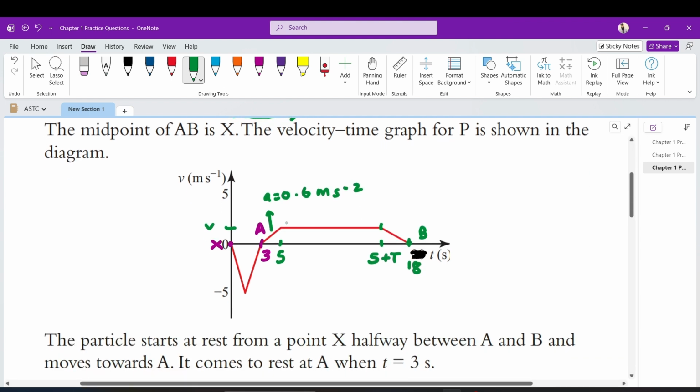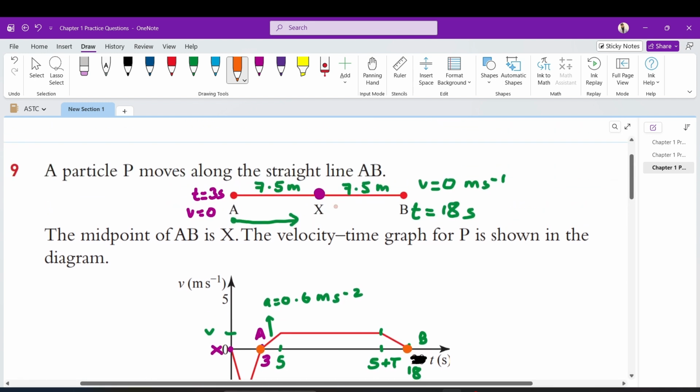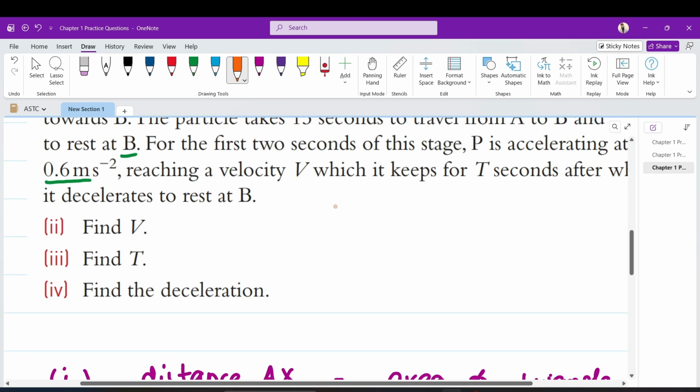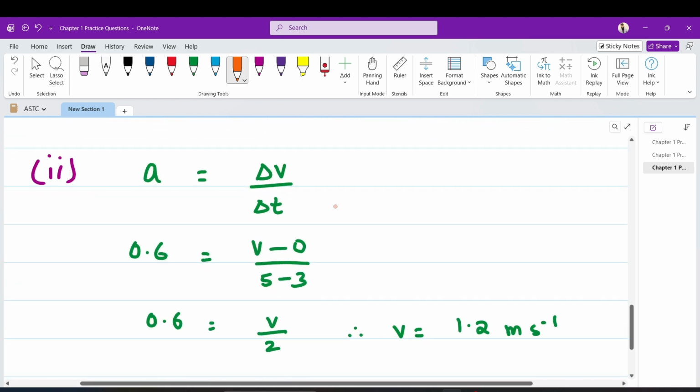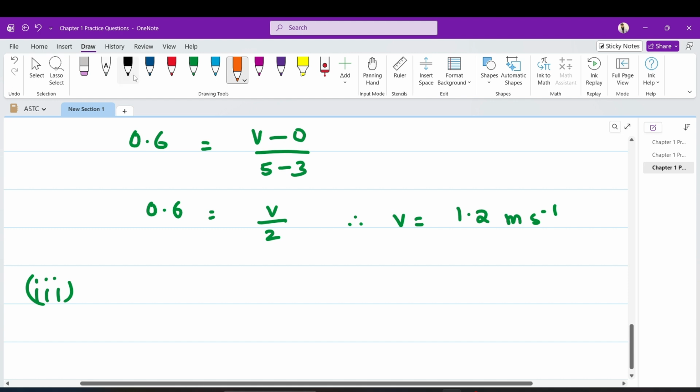Now the distance from A to B, from this point till this point, so the area under the graph between these 2 points, is what will be equated to 15 meters. So we will be using the formula for area under the graph, which in this case is the area of a trapezium.